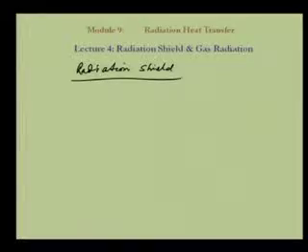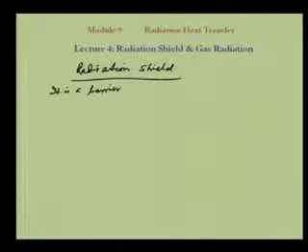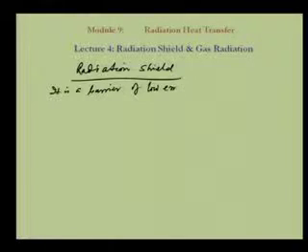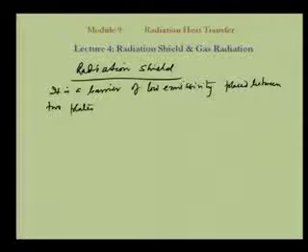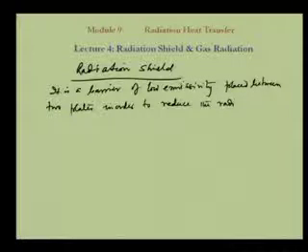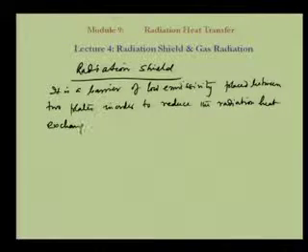So, if we try to define it, it is a barrier of low emissivity placed between 2 say plates in order to reduce the radiation heat exchange between the plates.